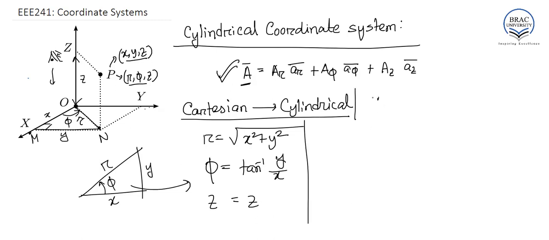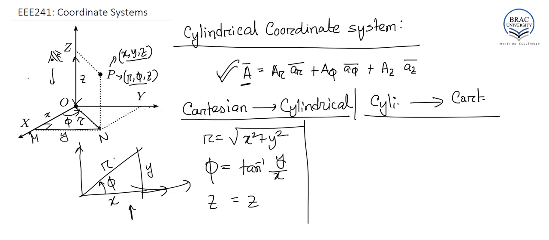Now let's say you are given the cylindrical coordinates and you have to convert them into Cartesian ones. Again, if you look at the right angle triangle here, you can see x is the component of r along the x-axis, and y is the component of r along the y-axis.